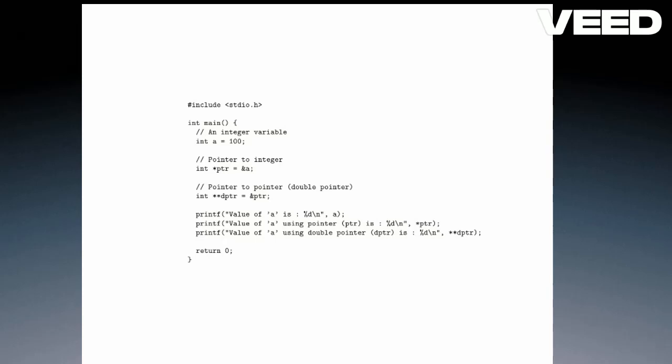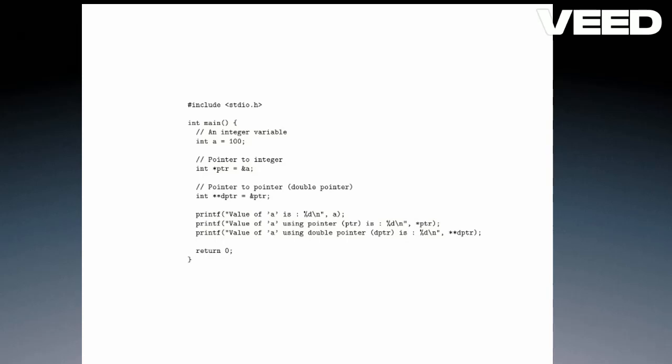And here, with ampersand a, I am extracting the address of a into a variable which is a pointer to an integer. So it is the picture that I have shown you in the first slide where I use double star. In this case, I can declare an int star star dptr, a double pointer, and store the address of this pointer there.